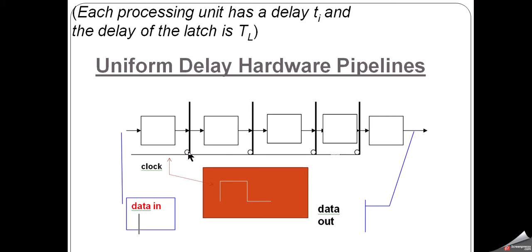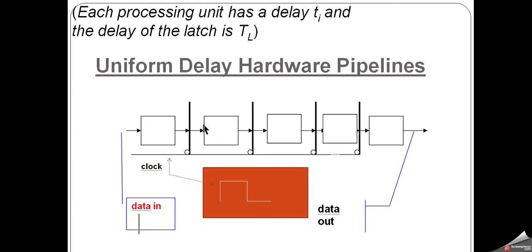The rising edge of the clock, when it occurs at this latch or memory element, will allow data from this processing element to be temporarily buffered or captured at this point, allowing this hardware unit to input it.